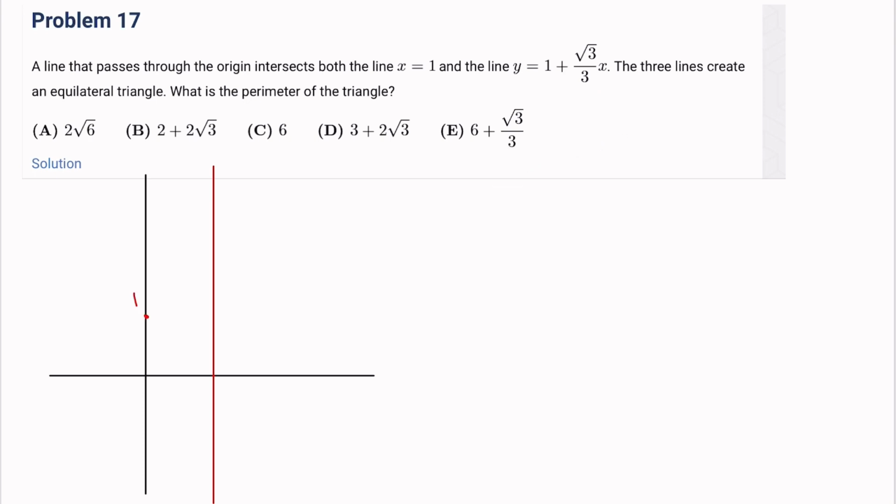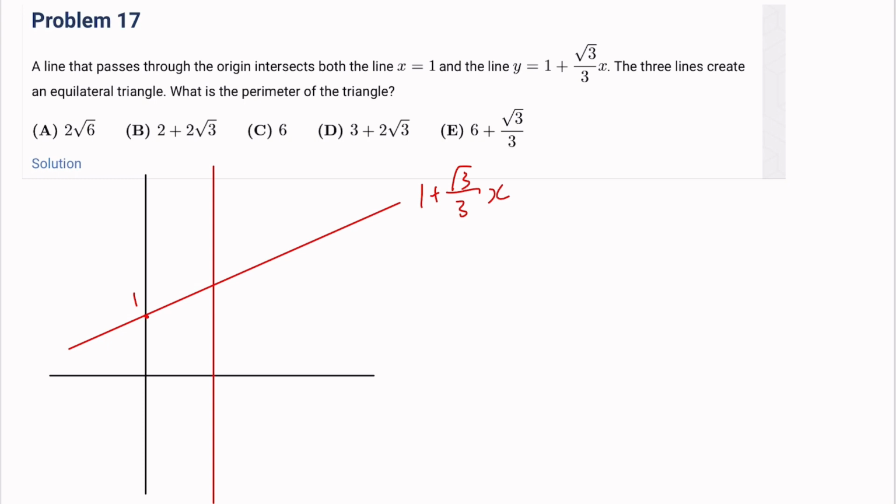So the y-intercept is 1, and this would be like that. And a line that passes through the origin. So the last line has to pass through the origin and intersect both of these and create an equilateral triangle.